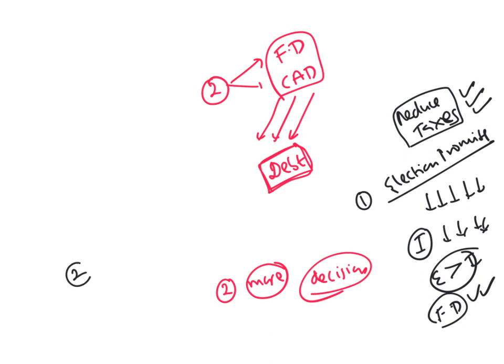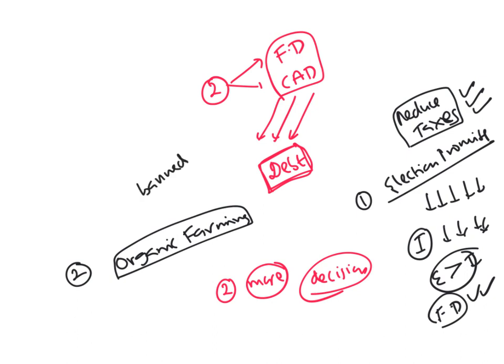The second reason, which completely backfired and was a wrong decision by the government, is organic farming. They tried to go for complete organic farming in Sri Lanka. Organic farming might be a good idea, but they went big bang. They wanted to change the entire agriculture into organic altogether at once. So they banned chemical fertilizers.